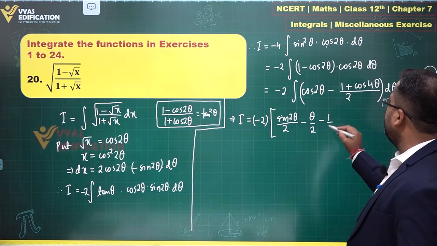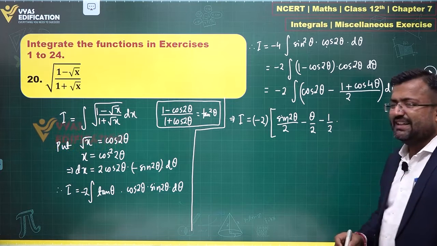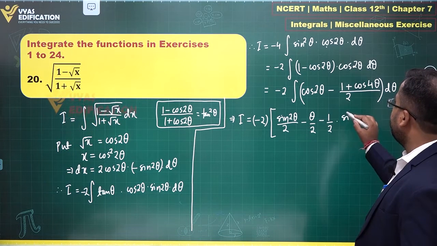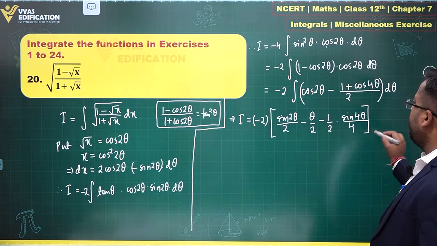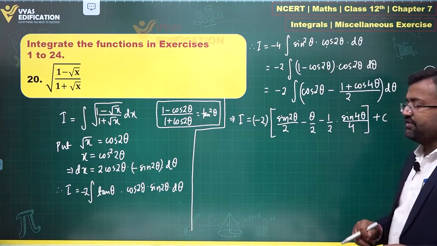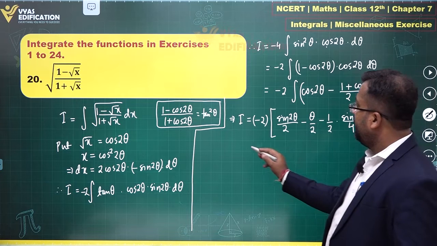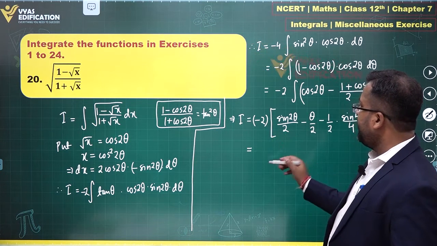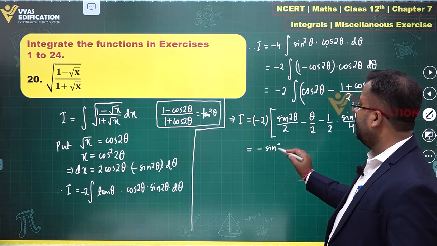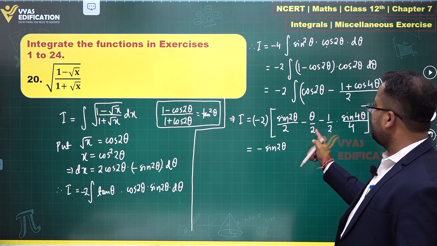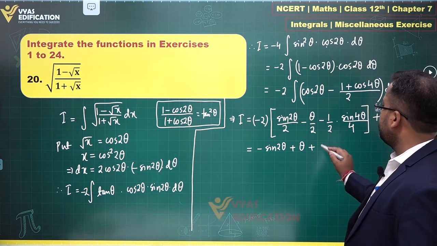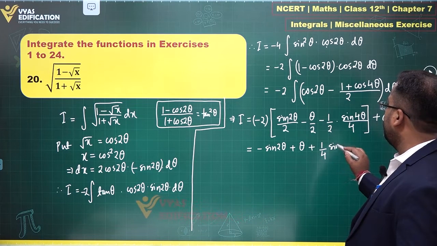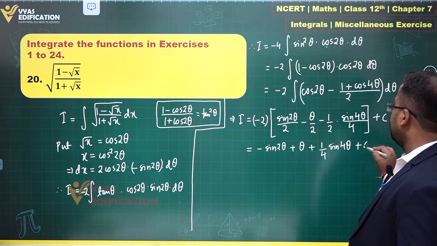Minus 1 by 2 as well, cos 4 theta, the integral will be sin 4 theta by 4. Bracket closed, plus a constant of integration will be introduced over here. What is this? Minus 2 by minus 2, this is minus sin 2 theta. Minus 2 by minus 2, this is plus theta. Minus 2 by minus 2, this is plus 1 by 4 sin 4 theta plus constant.